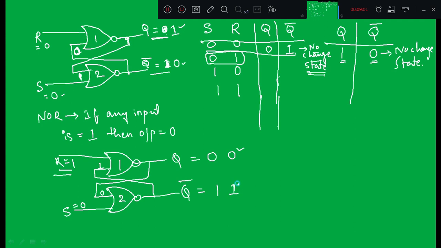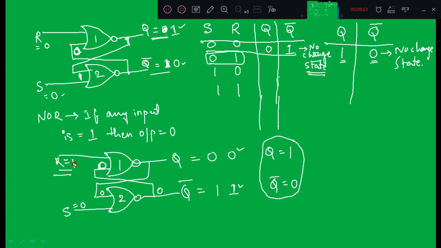This state I cannot call a no change state, because see what happens. If my previous state is 1 0, I am explaining this for these two combinations. What is the Q bar value? Now it is 0. This 0 is applied to the first NOR gate.